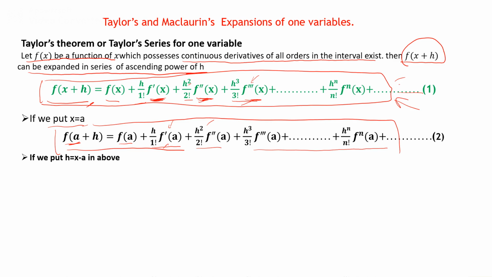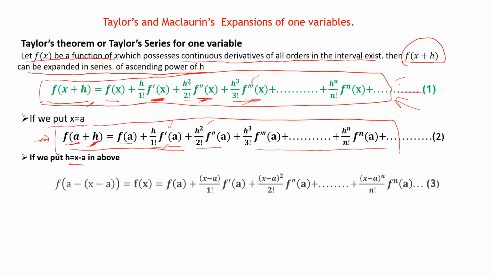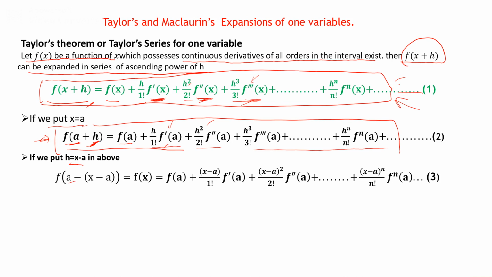Now one more deduction. If in equation 2 we replace h with h equal to x minus a, what we get is f(a + x - a), so we get f(x) is equal to f(a), where h is replaced by x minus a, f'(a) + (x-a)^2/2! f''(a) and so on up to infinity.